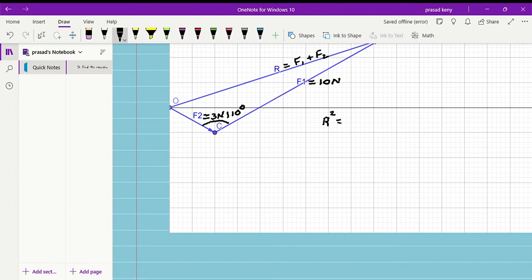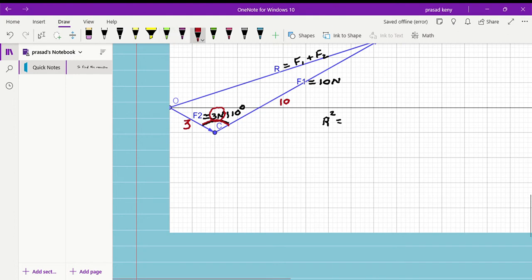One side has magnitude 3, another side has magnitude 10, and the angle included between the two sides is 110 degrees.